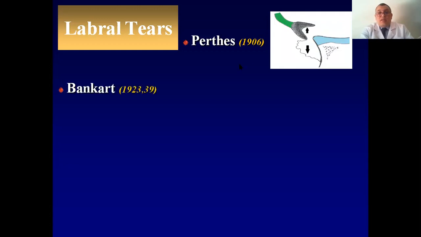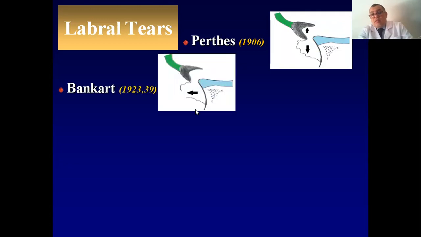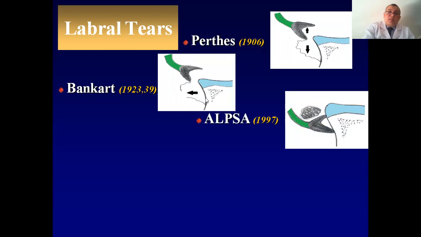Then Bankart in 1939 described his type, in which there is a labral detachment with a severed or cut periosteal sleeve. In 1997, Neviaser described the ALPSA type, in which the labrum is detached and reattached more medially over the glenoid neck, and fibrous tissue is formed to fill this defect.